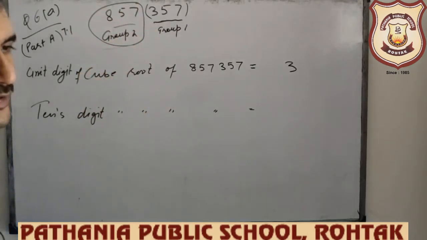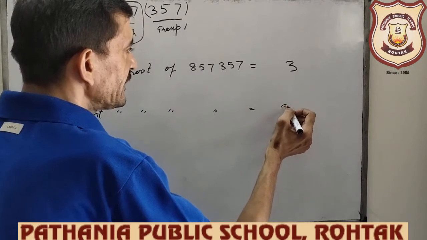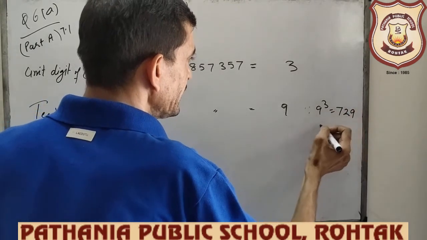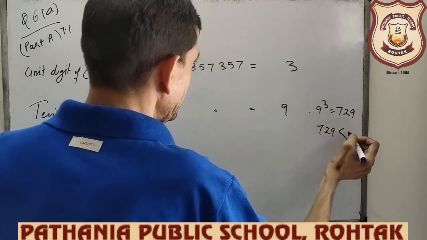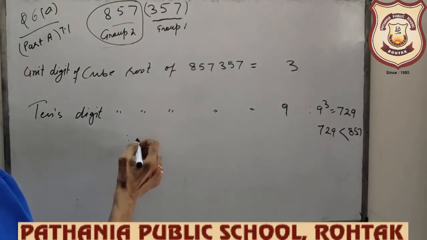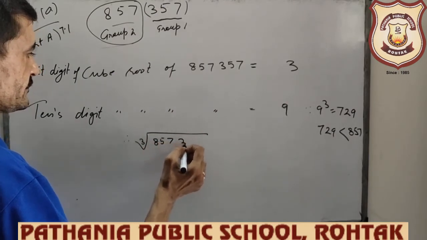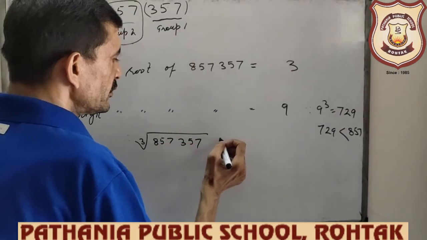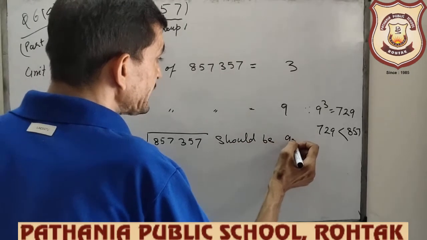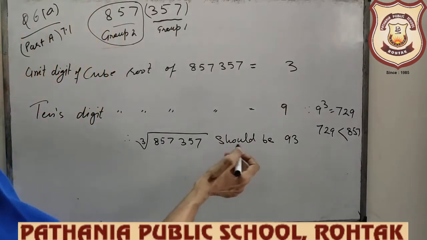Now you have to find a number whose cube is just less than 857, and this is 9, because 9 cube is 729, and 729 is just less than 857. 10 cube is greater than 857, therefore the cube root of this should be 93, because the tens place digit is 9 and the units place is 3. So the cube root of this should be 93.